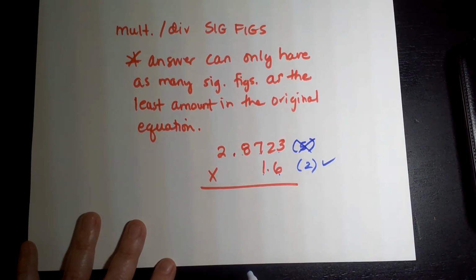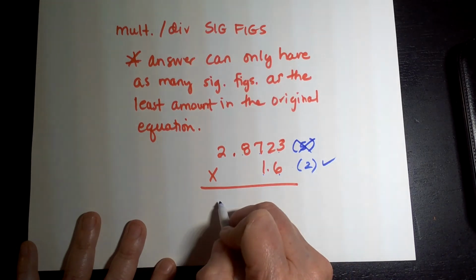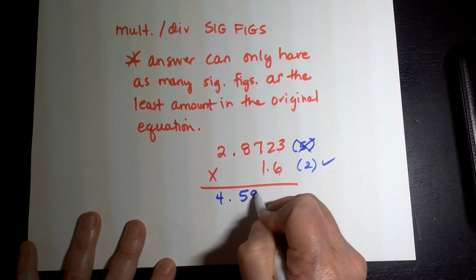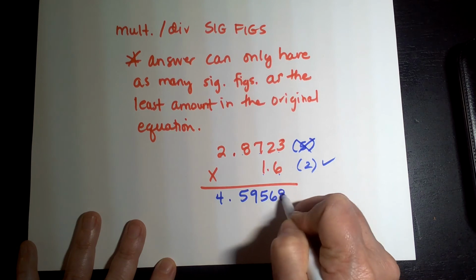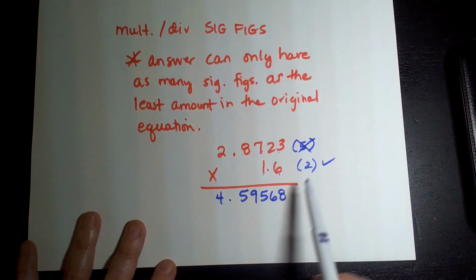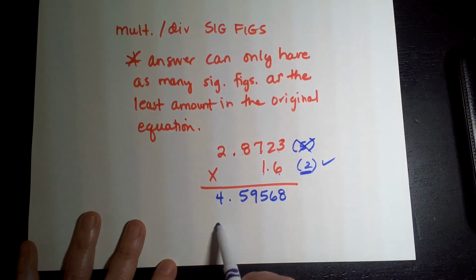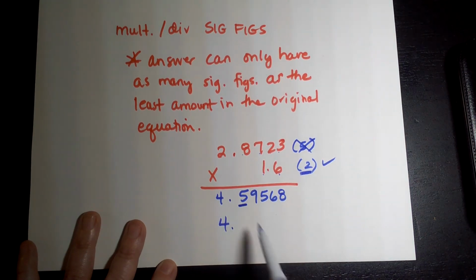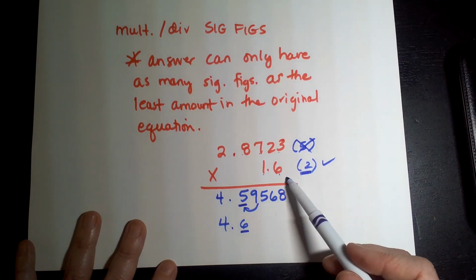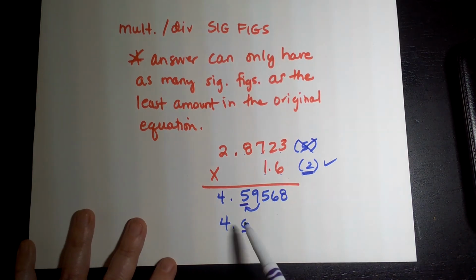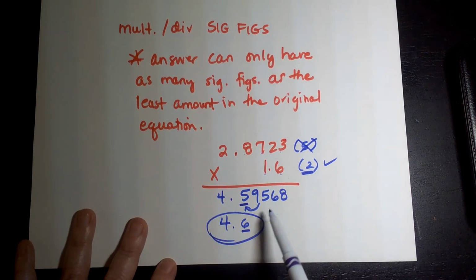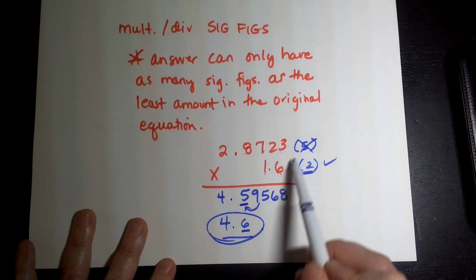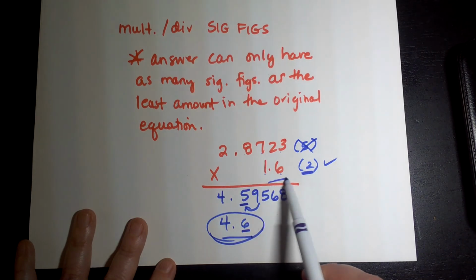So when you multiply this out, I'll do it with my calculator, you get 4.59568, right? That's way too many significant figures. I can only have 2. So I'm going to have 4 point, would be 5, but that 9 is going to round it up, so now it becomes 4.6. So the answer to this problem is going to be 4.6 because you round to the number of significant figures that matches the original problem's least.